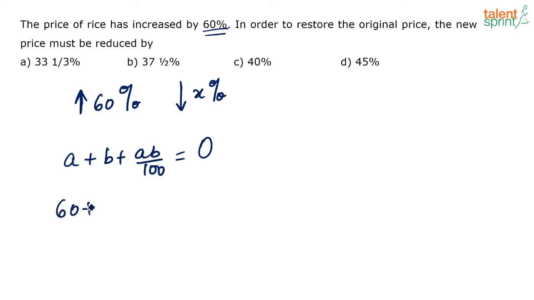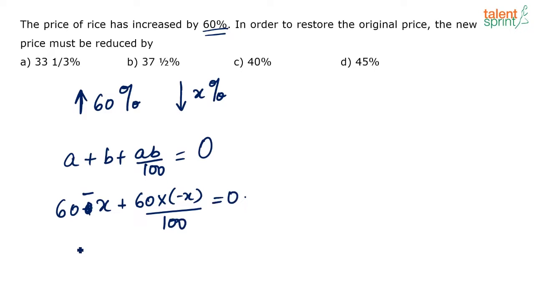So you get 60 plus X. This is decreasing, so put a minus here: 60 minus X plus 60 into minus X by 100, that is equal to 0, correct? So what do you get?